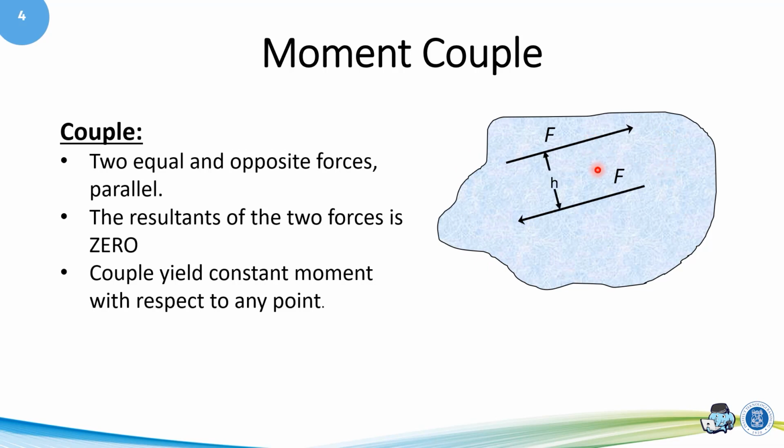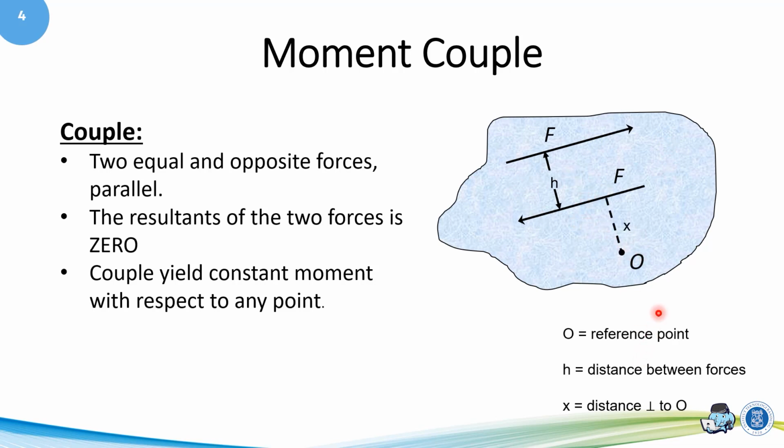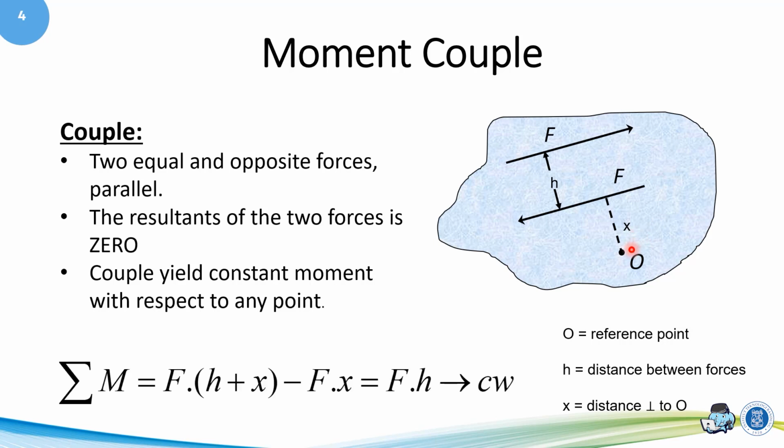And these two forces are separated by a distance. So we can find the moment with respect to point O. Here, O is the reference point, x is the distance between the forces, and x is the distance perpendicular to point O. So we can find the moment of the couple from this equation.